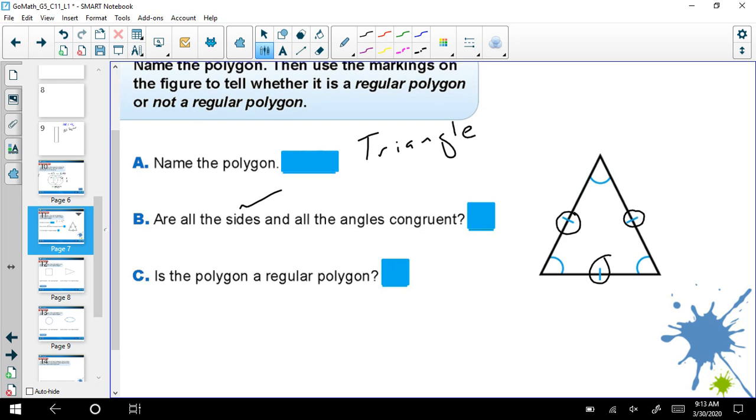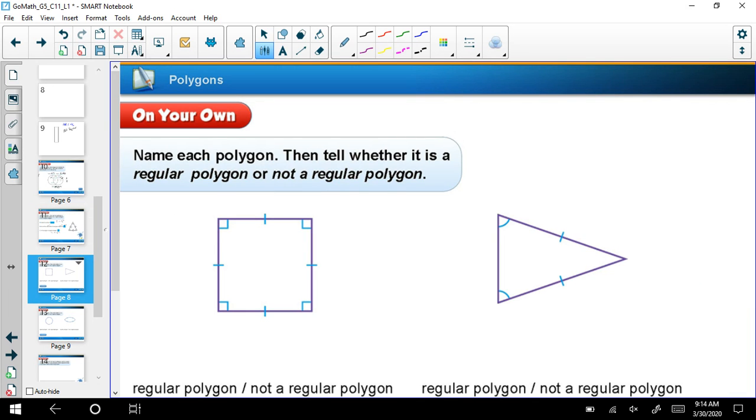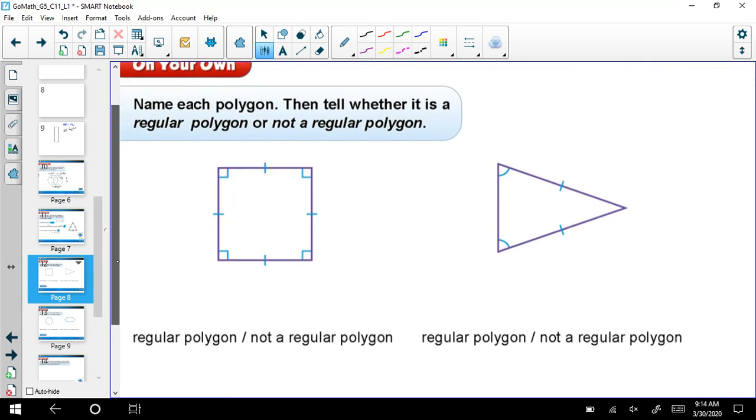And then in the corners, we see that we have just one little arc, so all angles are also congruent. So the answer is yes. Is this a regular polygon? Yes, this is in fact a regular polygon, or a regular triangle.